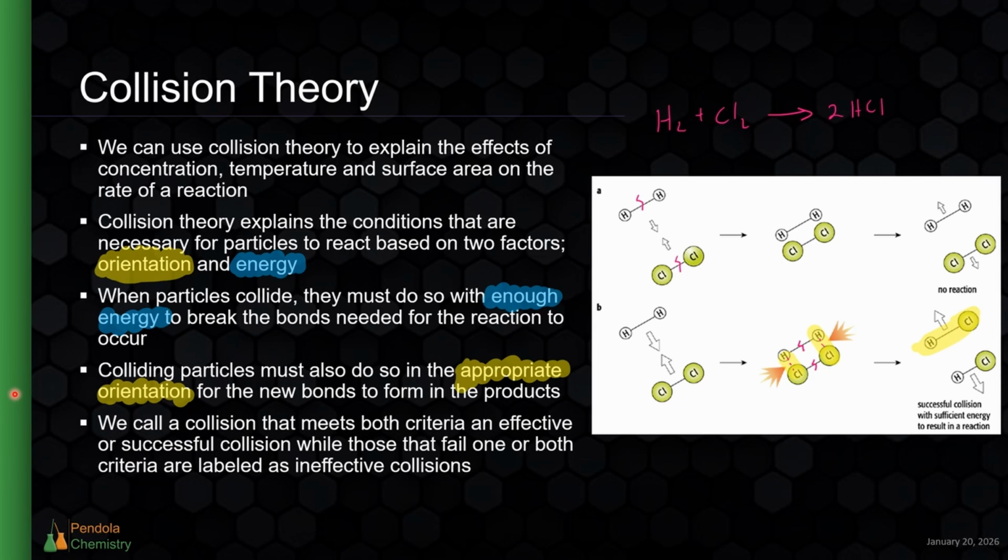So an effective collision or a successful collision is one where the particles crash with the right orientation and with enough energy to create a reaction. While those that fail one or both of the criteria are called ineffective or unsuccessful collisions.